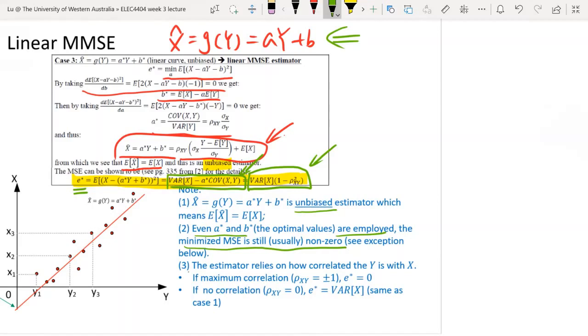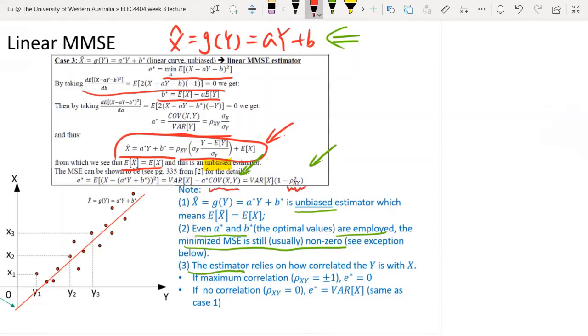Finally, the estimator performance relies on how correlated Y is with X. The reason is that we have the covariance of X and Y here, and the correlation coefficient rho XY here.